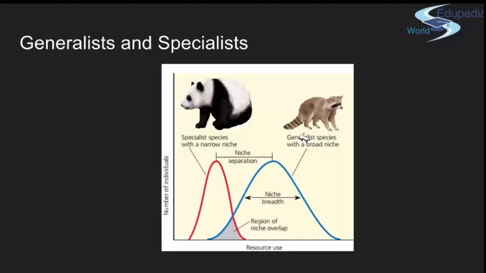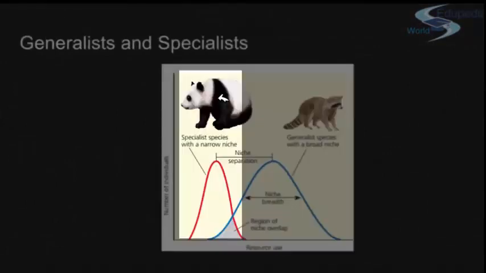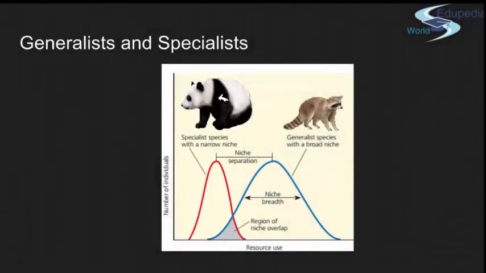So we can say the raccoon is more adaptable and probably evolutionarily more successful than the pandas, which are specialized for only specific types of some dimensions of their niche.